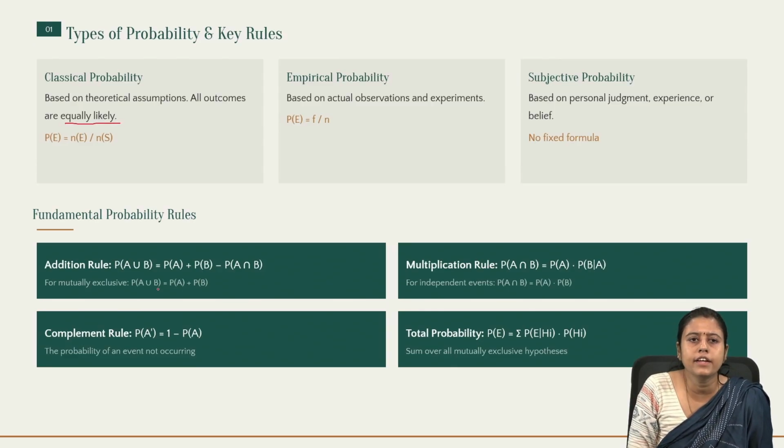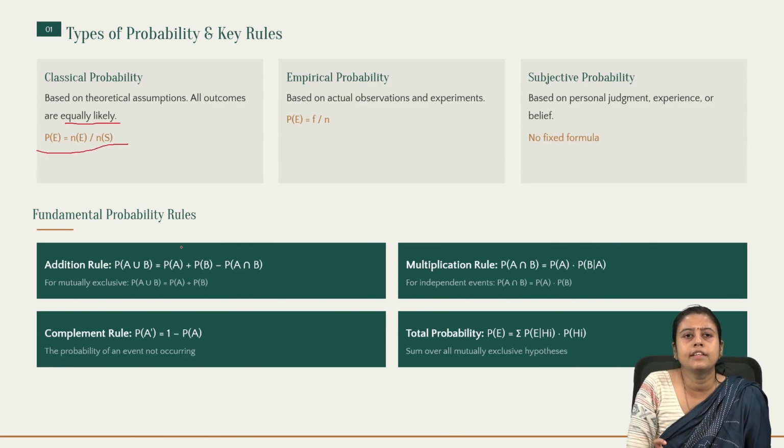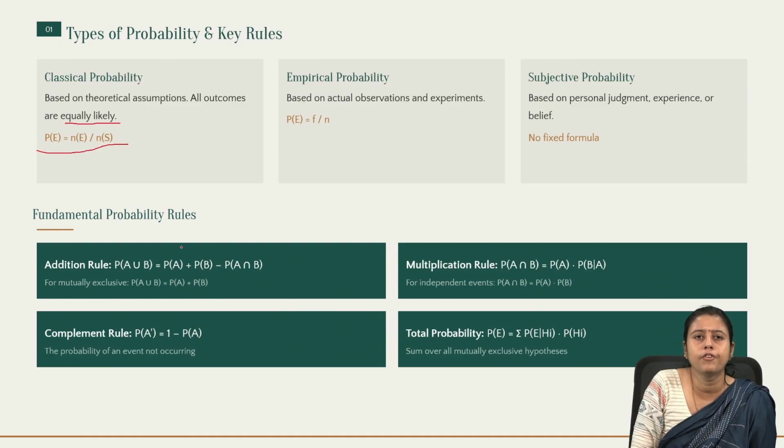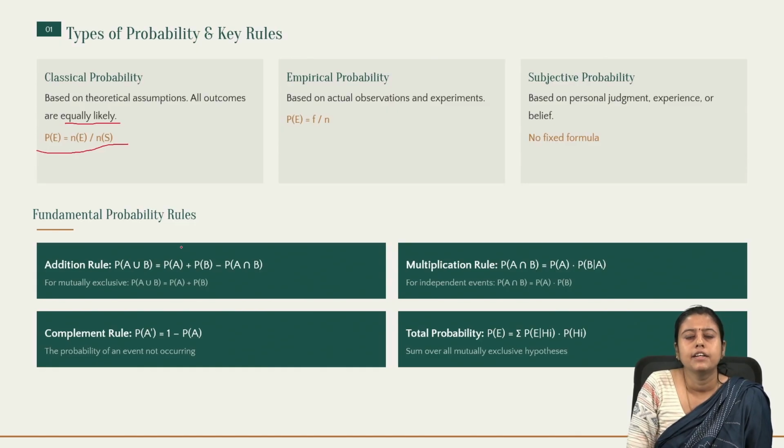So we call it classical probability. The probability of E is equal to n(E) by n(S), the number of events divided by the number of elements in the sample space. As we said, rolling a dice and getting 4, what is the probability? 1 by 6, the number of events divided by the number of sample space.